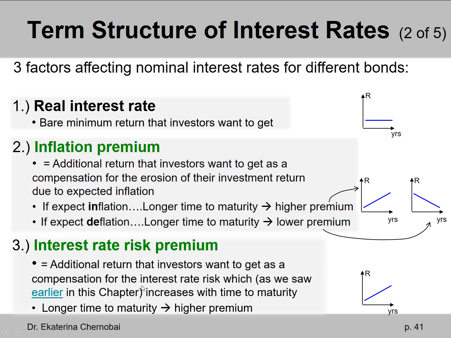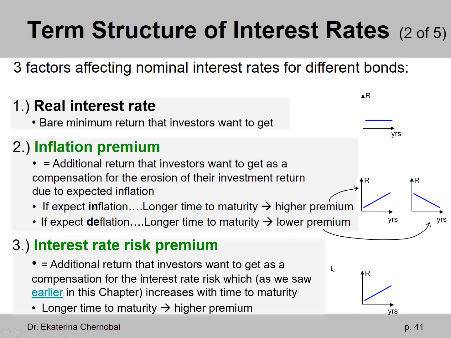So if you're an investor buying bonds with more time to maturity, you know that your bonds will be fluctuating in their value up and down a lot compared to bonds with fewer years to maturity.